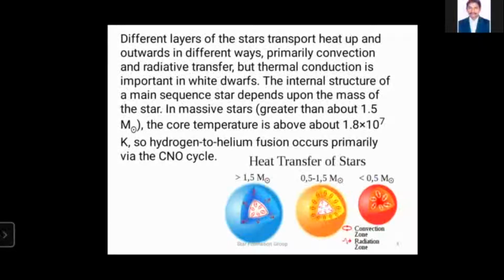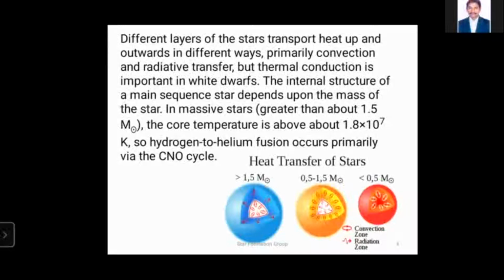The internal structure of main sequence stars depends upon the mass of the stars. In massive stars greater than 1.5 solar mass, the core temperature is about 1.8 × 10^7 Kelvin, so hydrogen to helium fusion occurs primarily via the CNO cycle. This figure shows the different transport mechanisms of low mass, intermediate mass, and high mass stars.